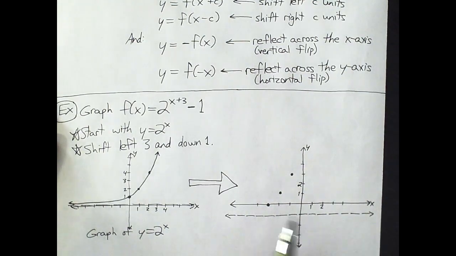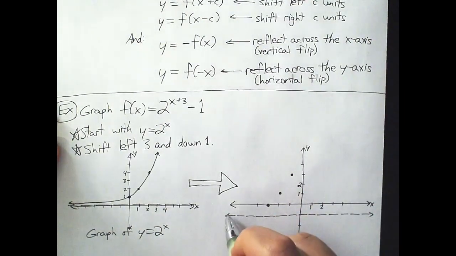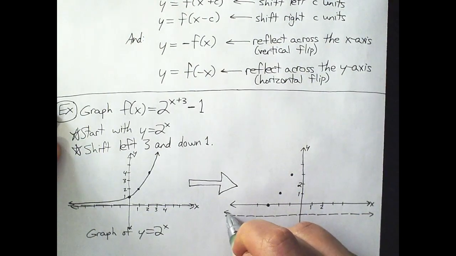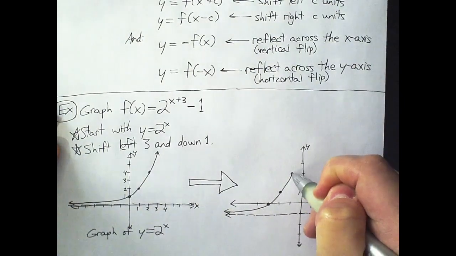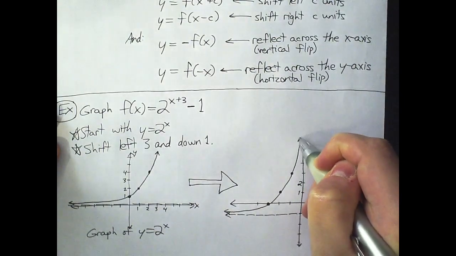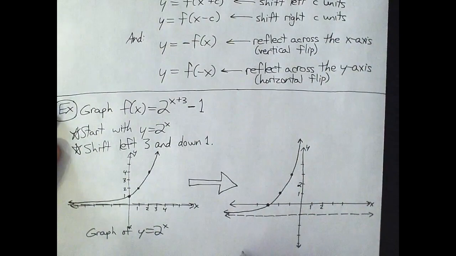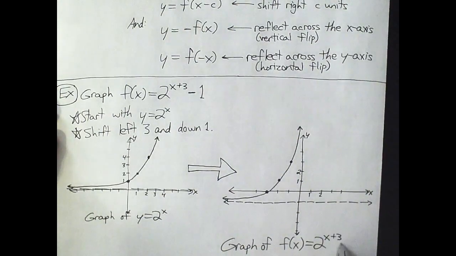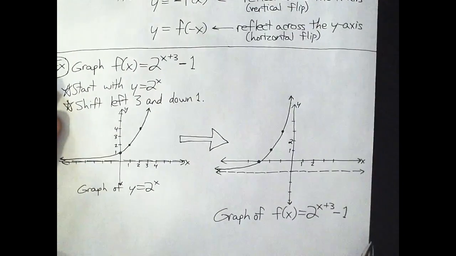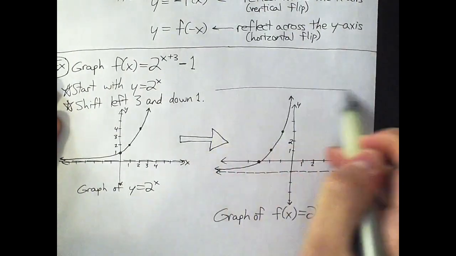So when I draw the curve, I'm going to try to approach this dashed line, but not quite touch it. And that's a good picture. That is a good graph of f of x equals 2 to the x plus 3 minus 1.